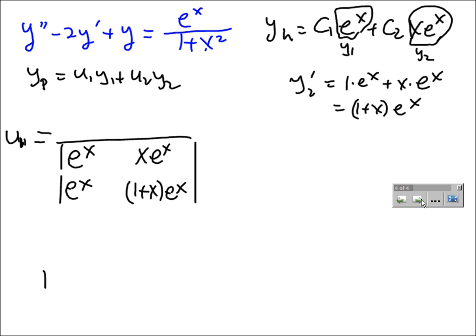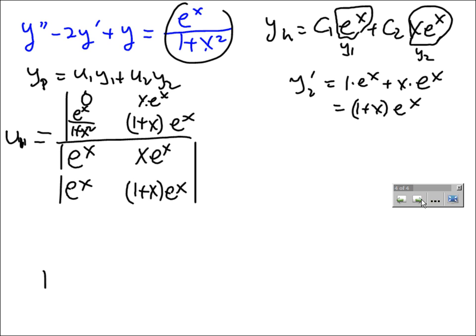For column 1, because there's a 1 there, we're going to put 0 and then this: e to the x over 1 plus x squared. For column 2, it's just like what's underneath it.